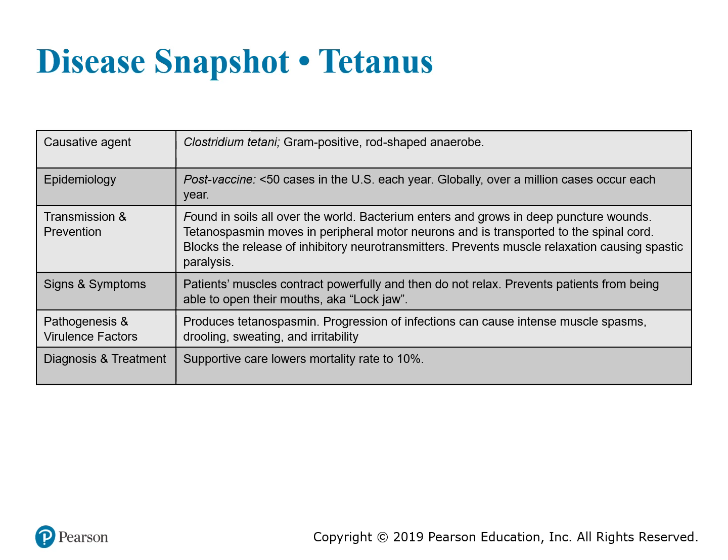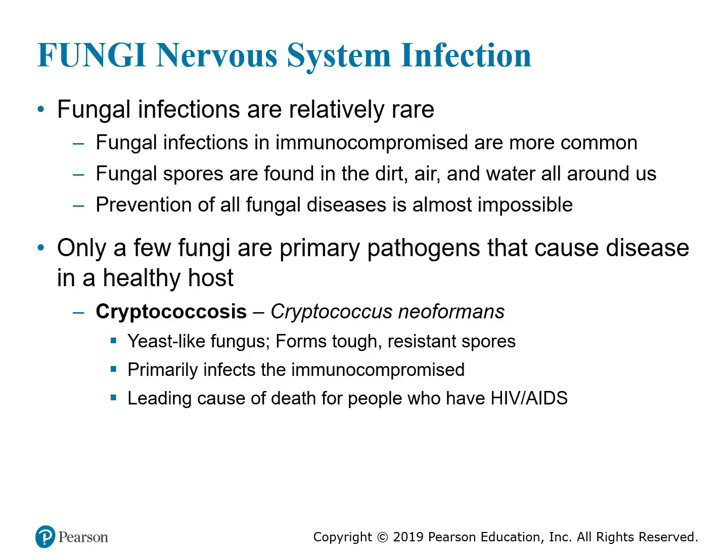You can have some fungal infections, even though they are rare. You can see them in immunocompromised patients. This is because those spores that are found in dirt, air, and water can become an opportunistic type of infection.